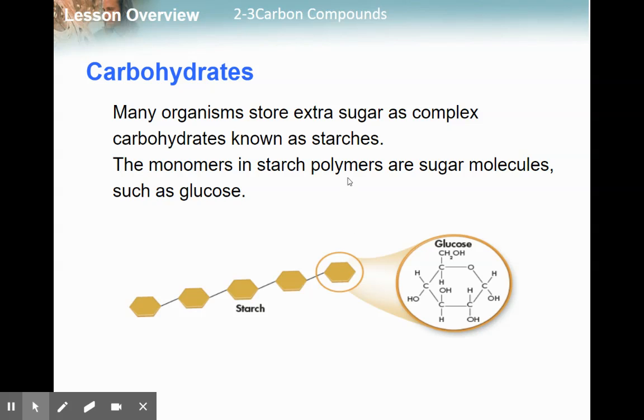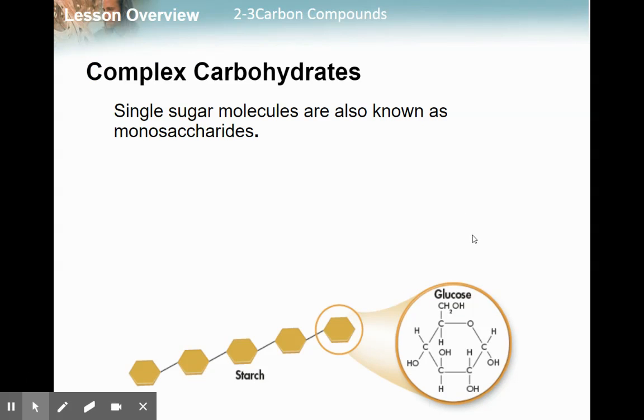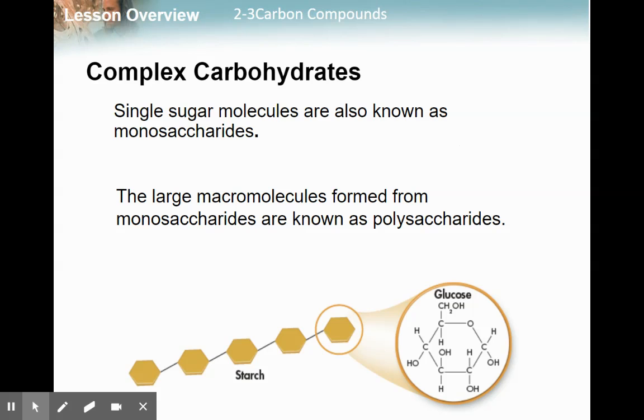And the starch would be the polymer, so the larger molecule of it. Single sugar molecules are known as monosaccharides. And if you put a bunch of those monosaccharides together, it forms a polysaccharide. So again, the single sugar molecule is the monosaccharide. A bunch of those single monosaccharides put together form a polysaccharide.